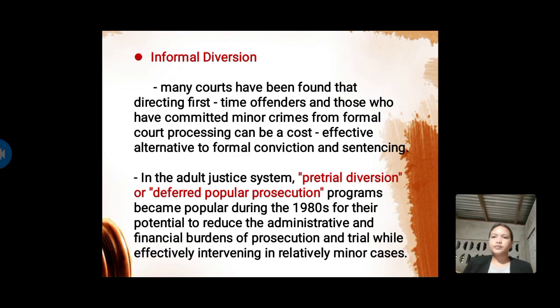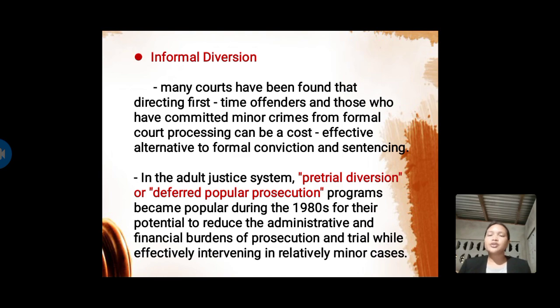So, informal diversion in community-based correction. Many courts have found that diverting first-time offenders and those who have committed minor crimes from formal court processing can be a cost-effective alternative to formal conviction and sentencing.